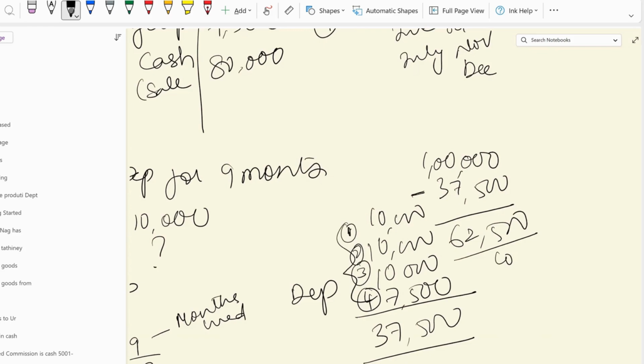So this is actually the cost of the asset.